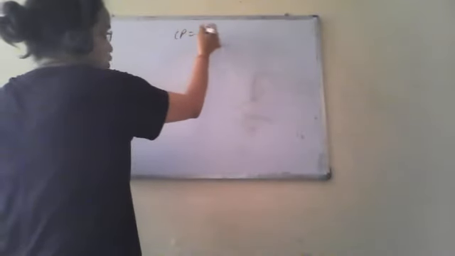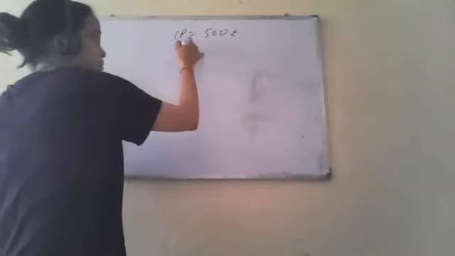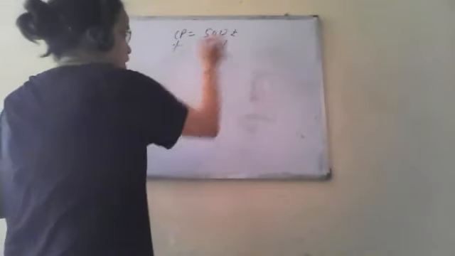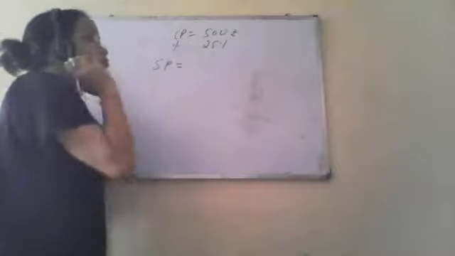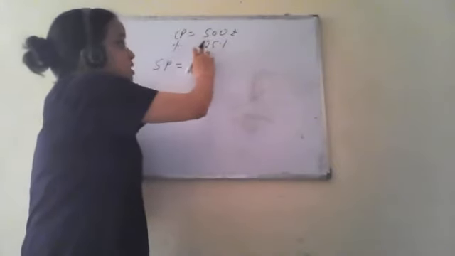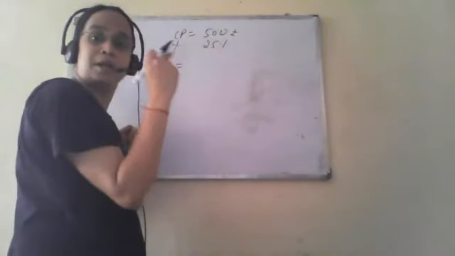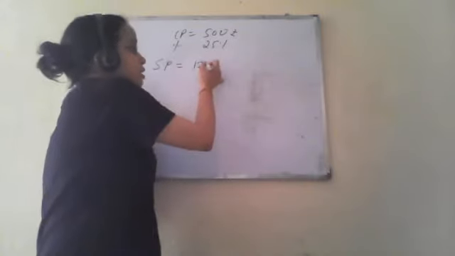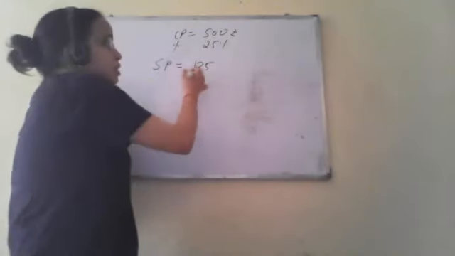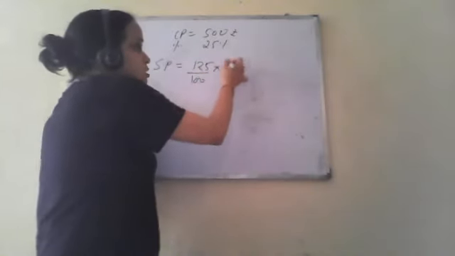See one basic example. We are given cost price rupees 500 and profit percent is 25%. How do we calculate SP? This is a profit, so we add to 100, that is 100 plus 25 is 125, upon 100, into this 500.